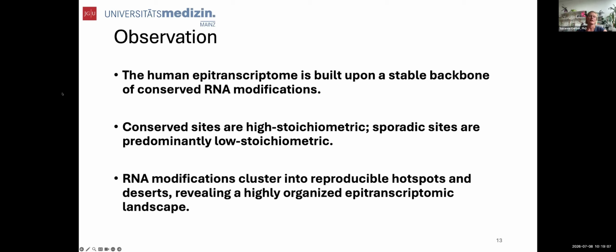Also, RNA modifications somehow cluster into reproducible hotspots or deserts, which reveals a somehow organized epitranscriptomic landscape.